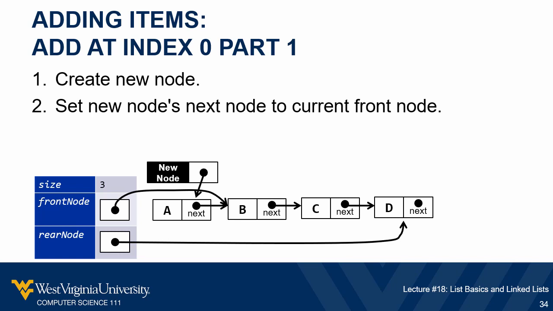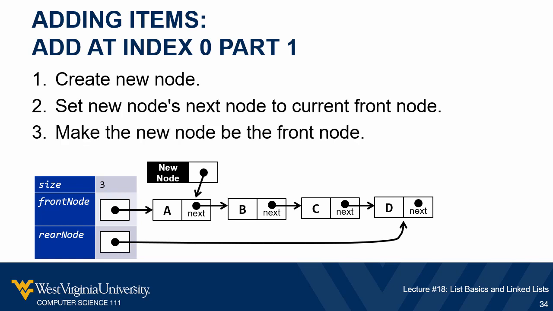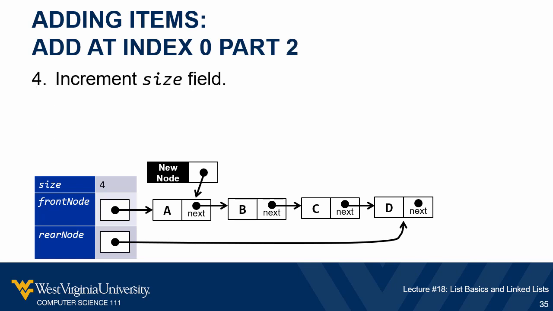And then we can go and update the front node field in our list object to go and point at our new node. And then to wrap things up, we just need to go and increment our size field. So if we're adding at index 0, you can see it's actually a little bit simpler process because we don't have that case where we need to go and iterate to find the node before we're going to be inserting the new one.